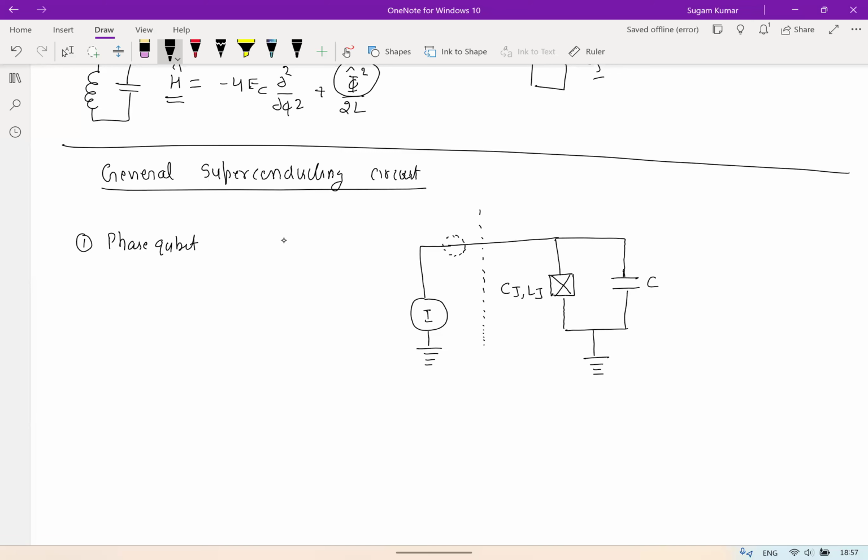When you go to a flux qubit, it is a little different. We're going to include one more inductor because we want to loop the flux. I will discuss the flux qubit separately, and the third is the charge qubit.